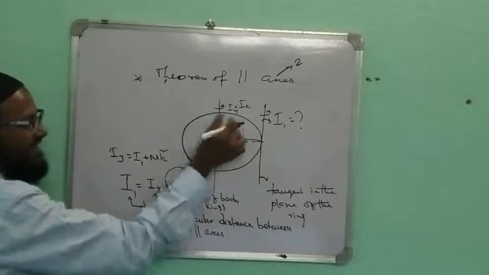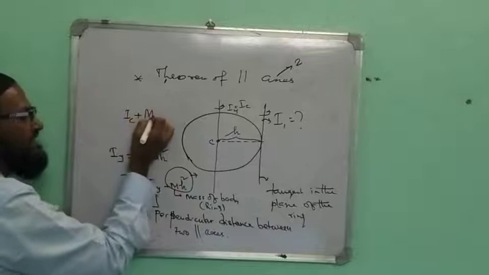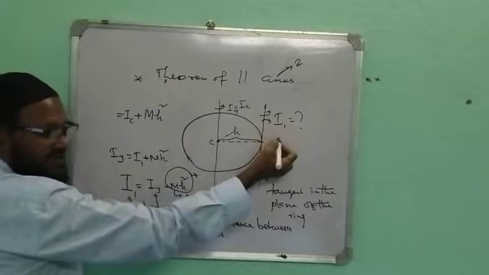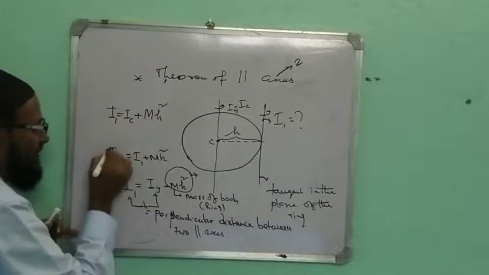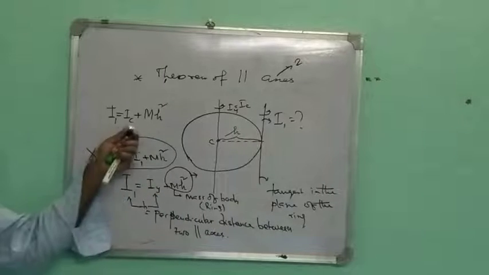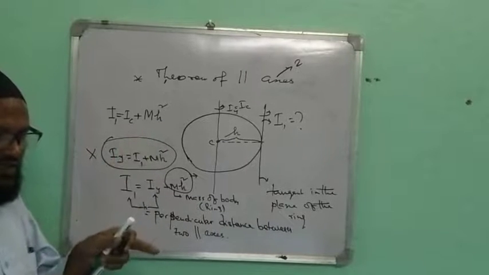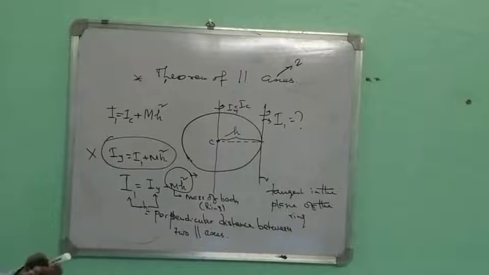Here, with I_C, M H square is added, and for another parallel axis, this I is the resultant. Therefore this formula is wrong in this case. I_C plus M H square gives the I1, the resultant.